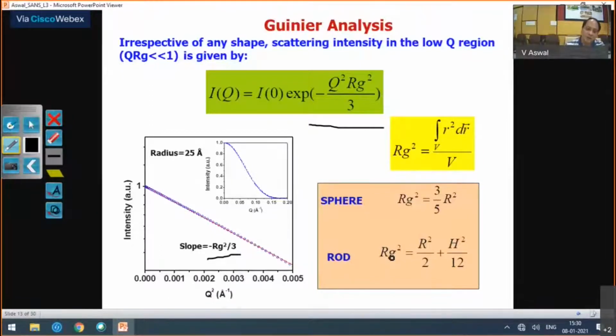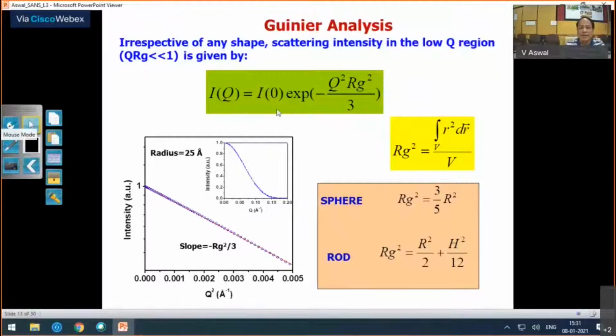Just plot your data in the low Q region, log intensity as a function of Q square. If you see a linear curve, then from the slope you will get the radius of gyration. If you have some idea that your particles are spheres, then you can get the radius from this expression. If you know they are rods and you know one of the dimensions, you can get the other dimension. This is commonly used because it doesn't need any detailed analysis.